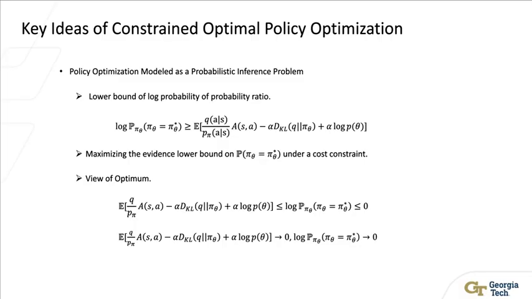The idea of CPPO is to maximize this expectation. If this expectation gets close to 0, then this log probability is close to 0 as well. Given that this log probability is 0, the current policy will become the optimal policy. So the general idea of CPPO is to maximize this lower bound of the log probability.